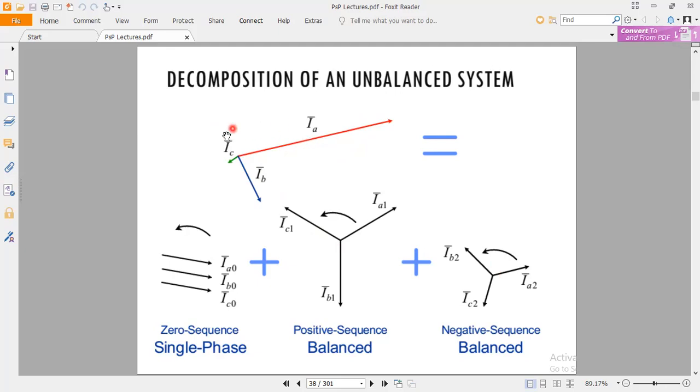We call this the unbalanced phase sequence of a system, in which the first phase is IA, the second phase is IB and the third phase is IC, and the phase difference between them can be anything. It could be 10, 20 or 140. So it is unpredictable in unbalanced mode.